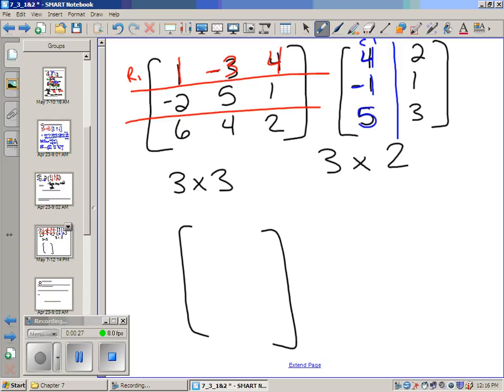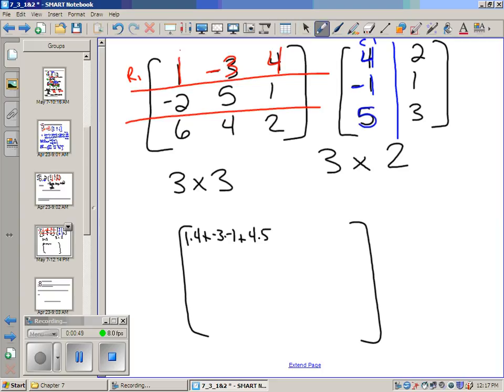So what I'm going to do is take 1 times 4 plus negative 3 times negative 1 plus 4 times 5. You see where I got those numbers from?